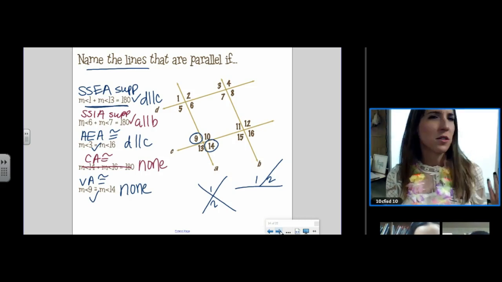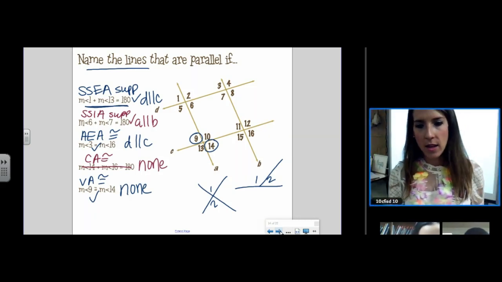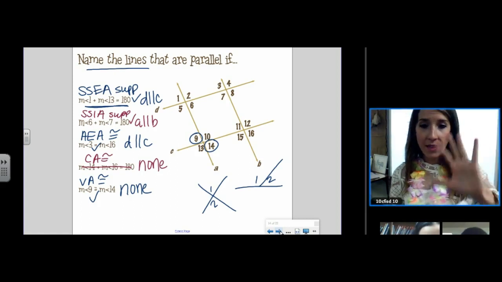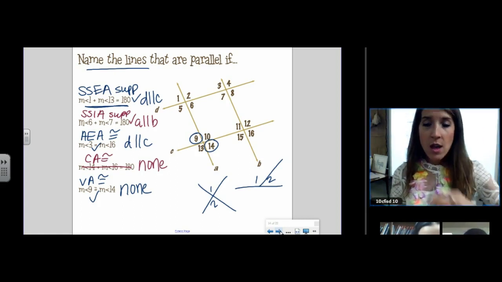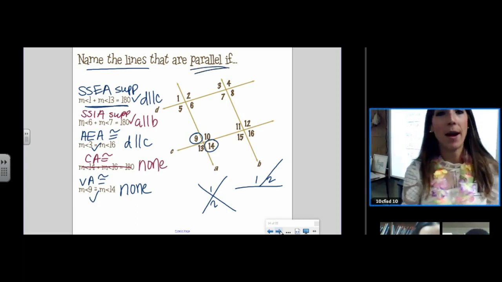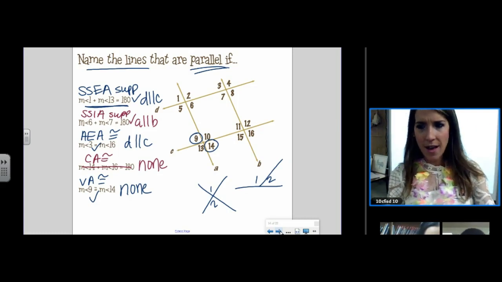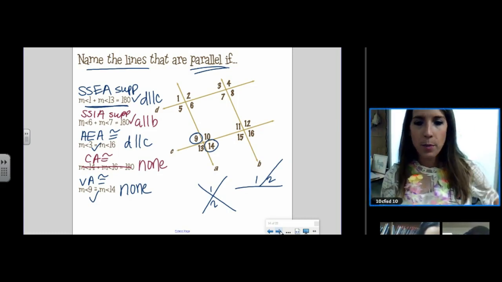Those vertical angles and linear pairs cannot make parallel lines. So even though that last one is telling the truth, the conclusion is still not parallel. Is the conclusion to the vertical angle theorem, then the lines are parallel? No. So we still put none, okay?